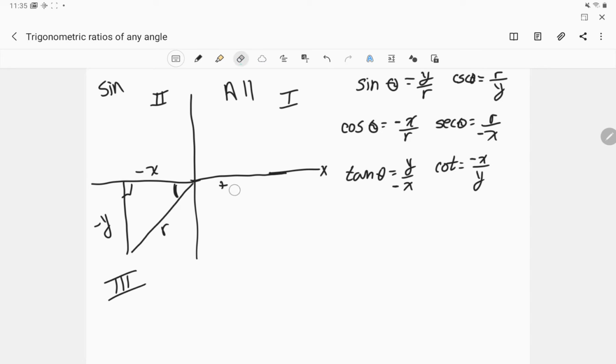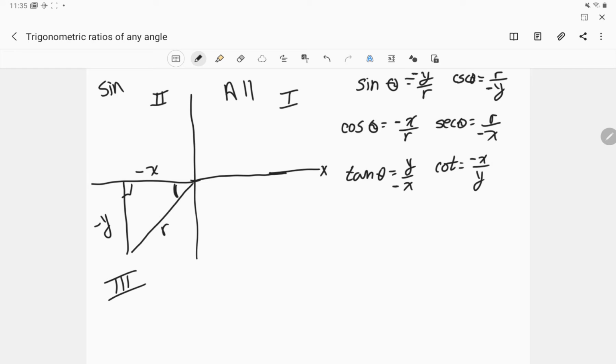All right? So when I go to look at my ratios, sine of theta is negative y over r. So it's negative, which means the reciprocal is r over negative y. Cos is adjacent over hypotenuse. It is negative x over r, same as it was before, and so it's r over negative x.